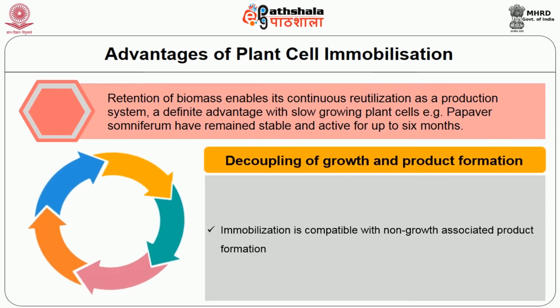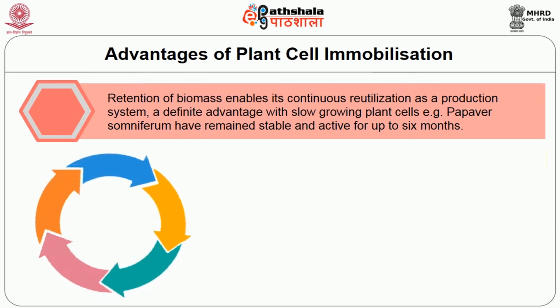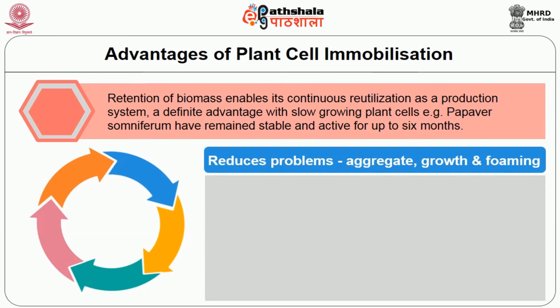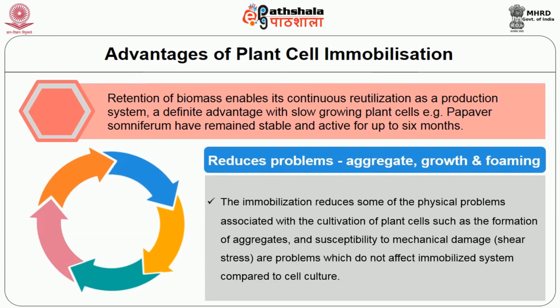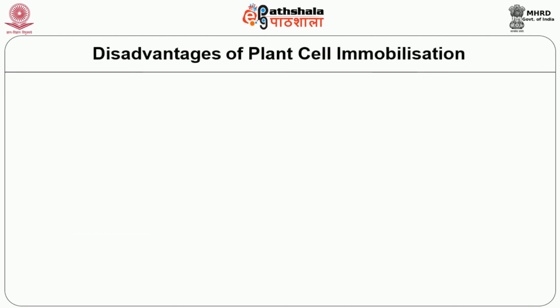Immobilization is compatible with non-growth associated product formation. Immobilization reduces some of the physical problems associated with the cultivation of plant cells, such as the formation of aggregates and susceptibility to mechanical damage, that is the shear stress, that are problems which do not affect immobilized systems compared to cell culture. Now let us see the disadvantages of plant cell immobilization.